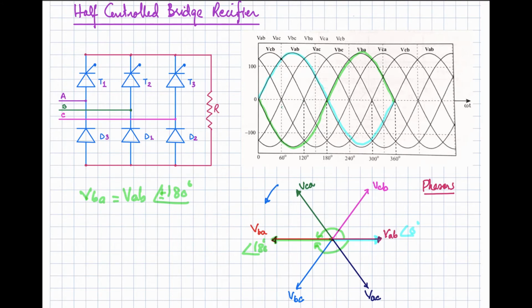Similarly, opposite of VBC is VCB, which is exactly at an angle of 180 degrees from here. Similarly, opposite of VCA is VAC, at an angle of 180 degrees from VCA.